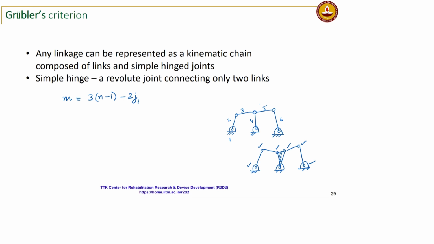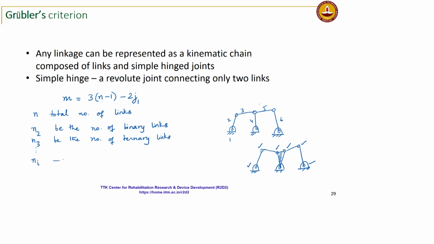Now, let us say that n is my total number of links. It is a closed chain, so I do not have any links that are singular links. Let n2 be the number of binary links, n3 be the number of ternary links, and so on.